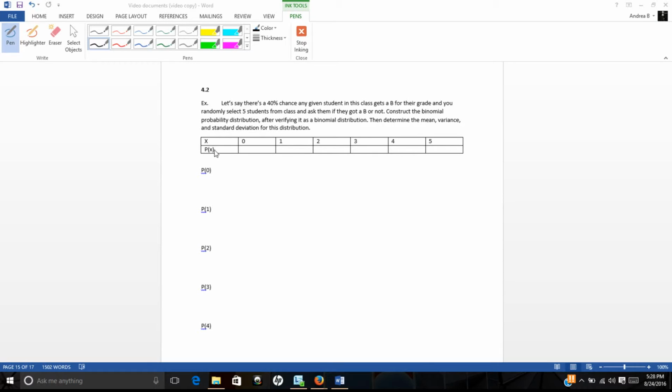So here, to find these, remember what we're doing here. So we have our formula. We're using our combination formula. So in this case, the first one, we have 5 students that were selected. Then combination, 0 successes, times, and then we do our 0.4, which is probability of success.